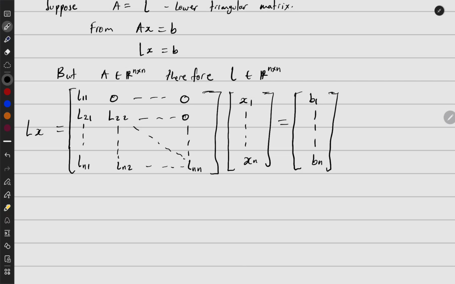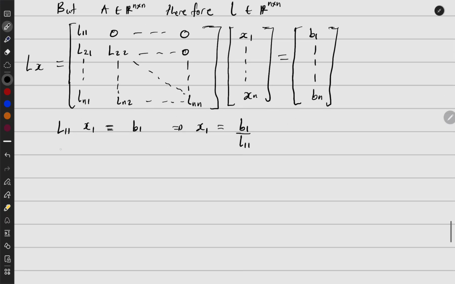So we have something like that. Therefore, how do we solve this? If I want to solve this kind of triangular system, beginning with a lower triangular matrix, I start with L11 times X1 equals B1. Therefore my X1 will be equal to B1 divided by L11.